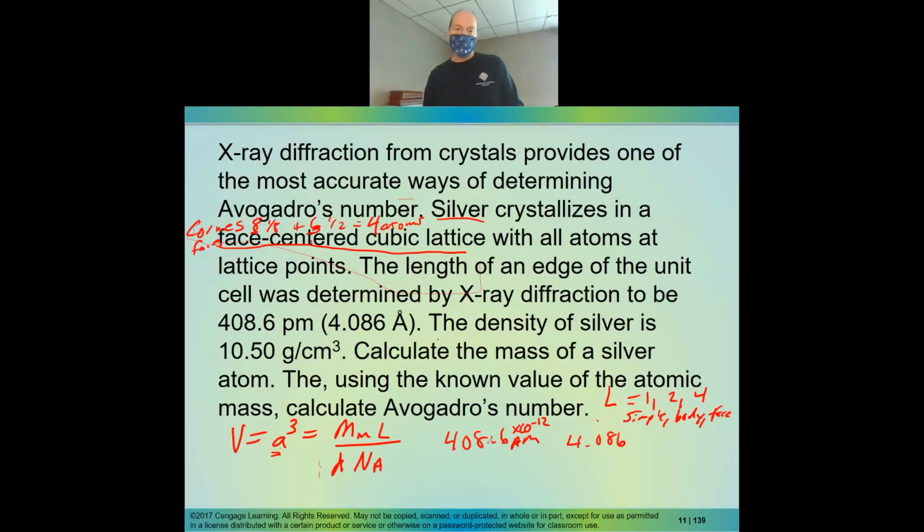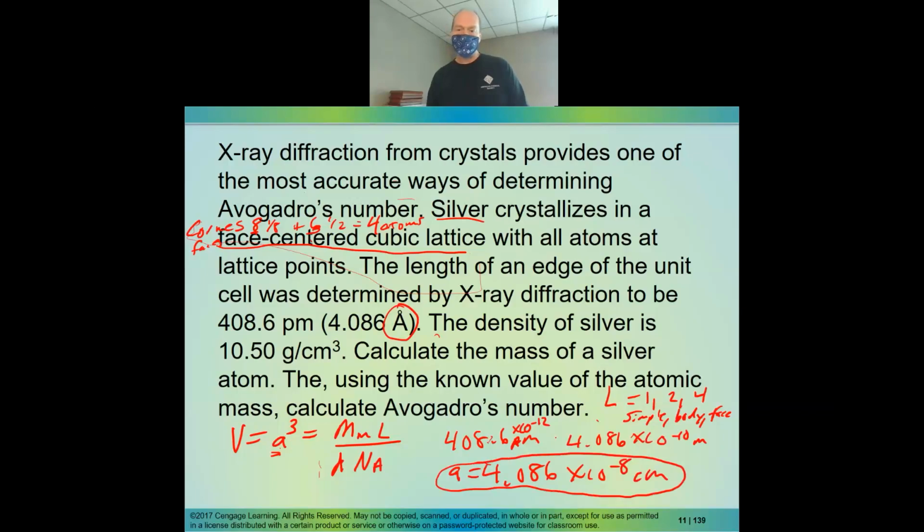And remember, an angstrom is times 10 to the minus 10 meters, except we want the units for A to be in centimeters. And so it is 4.086 times 10 to the minus 8 centimeters. And for all of these questions, your centimeters are going to be times 10 to the minus 8.